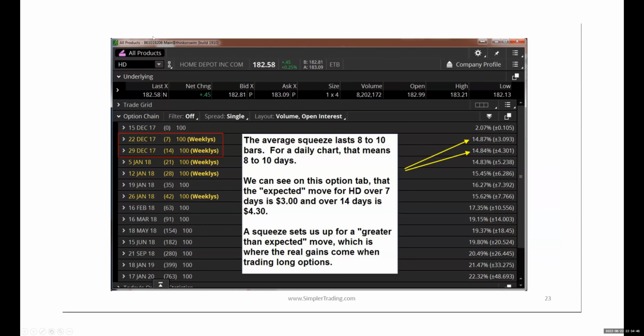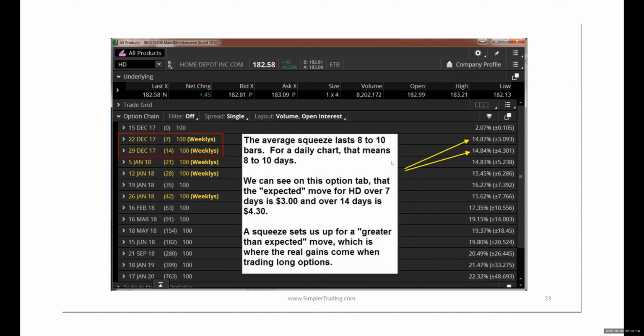If you're in Thinkorswim, you will see that it shows you what the expected move is. Just a heads up, I took this directly out of John Carter's course that I took a couple of years ago. I didn't come up with this. This is his, so all the credit goes to him. This is a screenshot here of Home Depot.